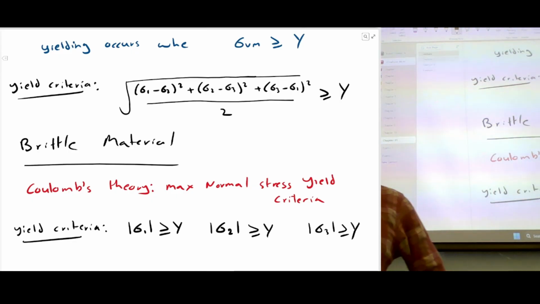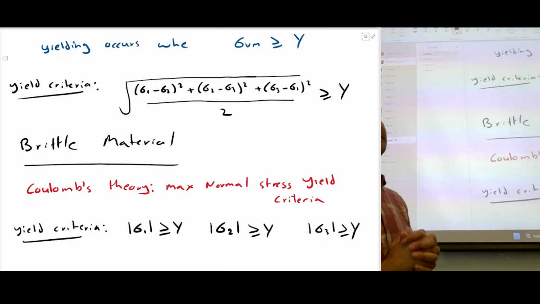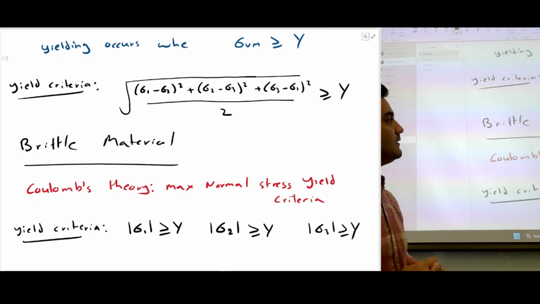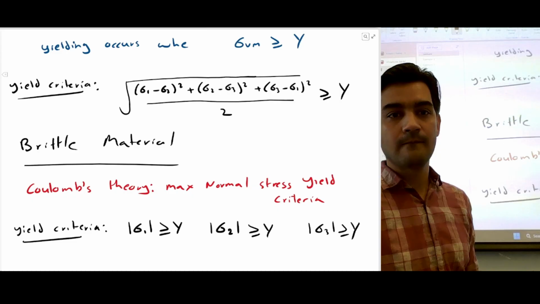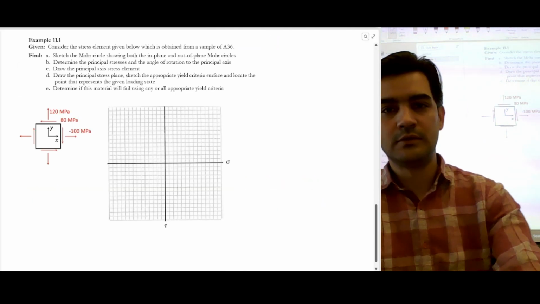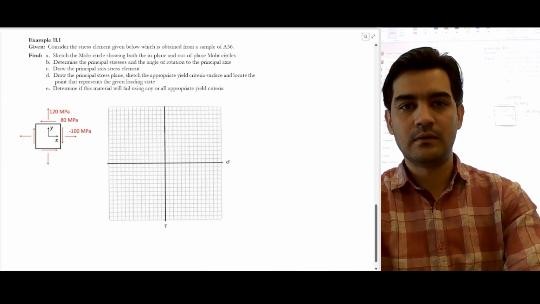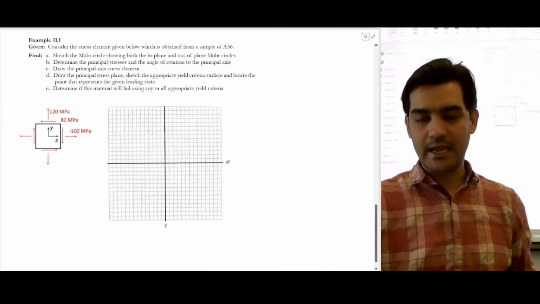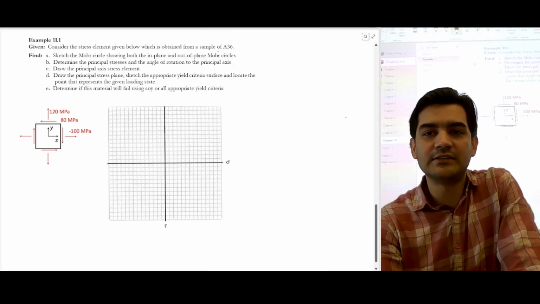And then the last part would be to see if that particular stress element will fail under these loading conditions or not. So this is our example.